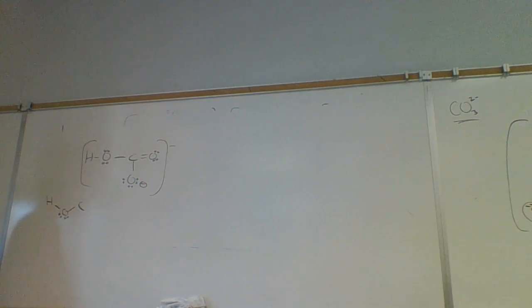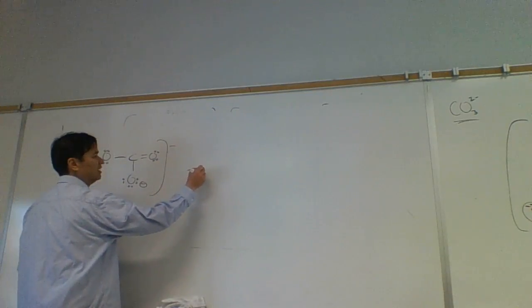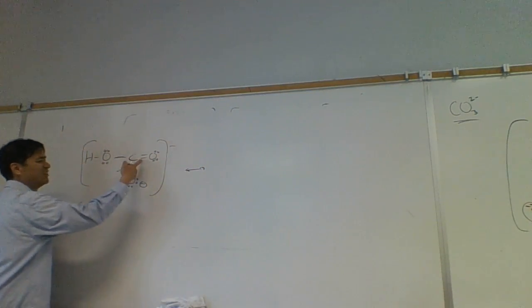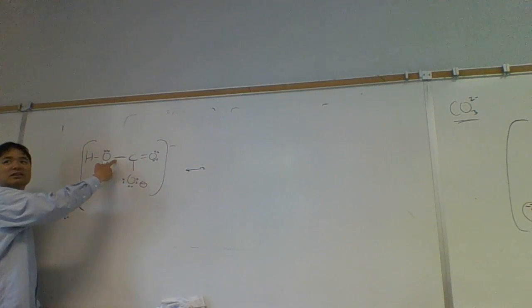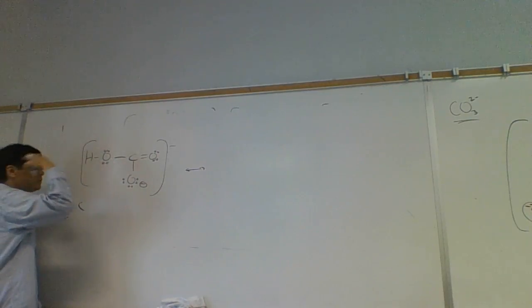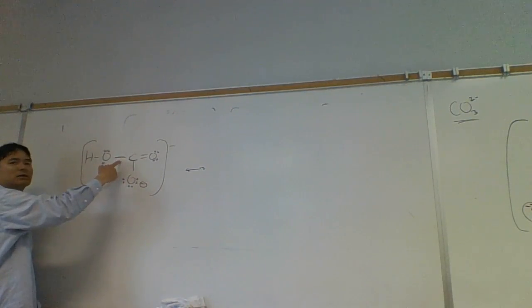Okay, what does the resonance structure of this look like? Double bond goes here on the left? No. What would be bad about putting the double bond here?